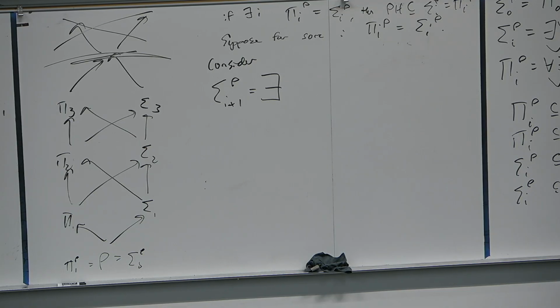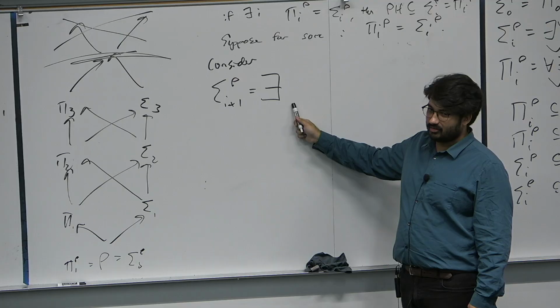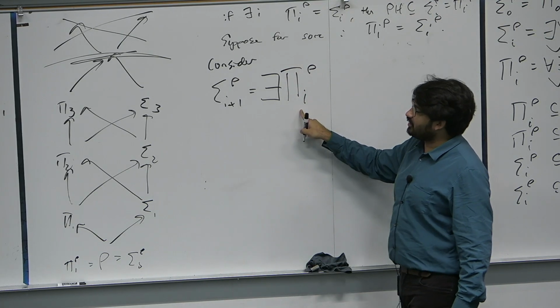Right? I think I didn't erase it. So what goes here? Pi i p, correct. It's an existential generalization of the previous class.